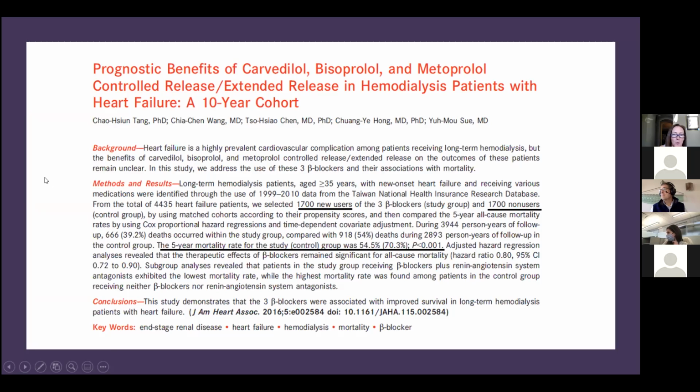Confirming or at least supporting those data is this really nice study from Taiwan. And Taiwan actually has a lot of great nephrology studies, both in AKI and ESRD. They have a huge registry of all their patients, and have done a flurry of propensity analyses for various outcomes in ESRD and AKI. And so this is a fairly impressive study.